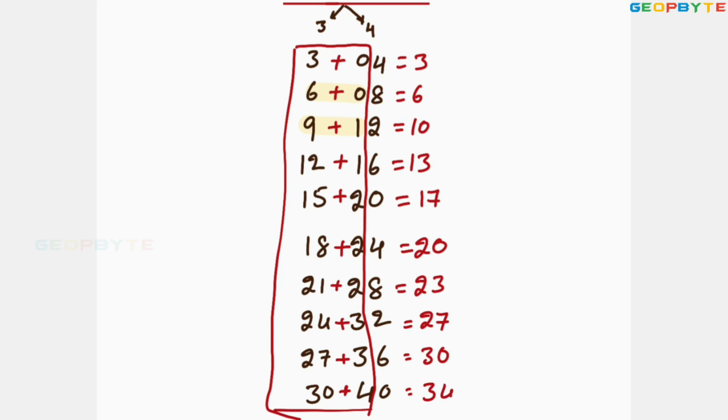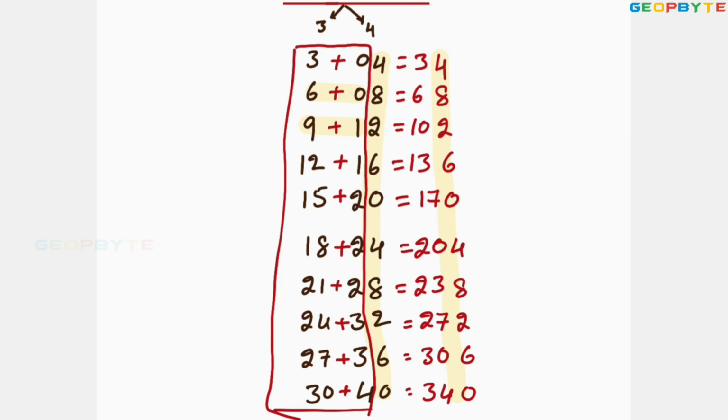Then what you need to do? You write the outside digits orderly like this. Let me write those values: 0, 4, 8, 2, 6, 0. You got your table. I hope you understood very clearly.